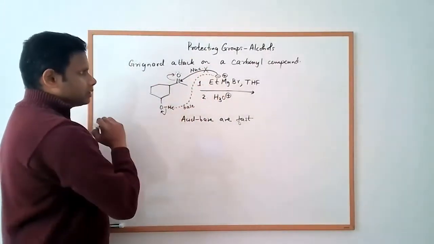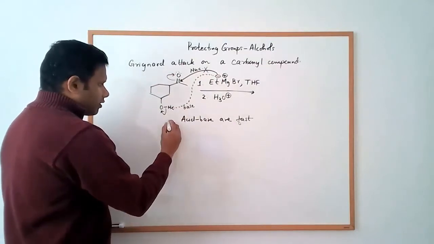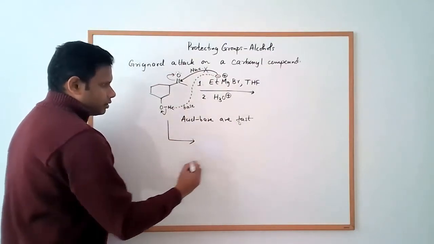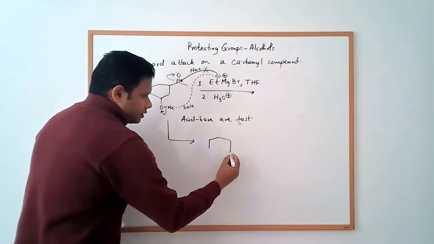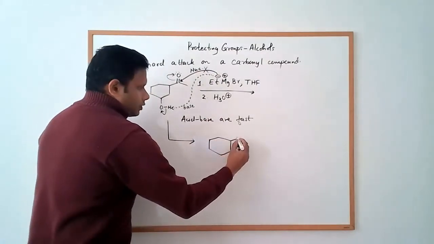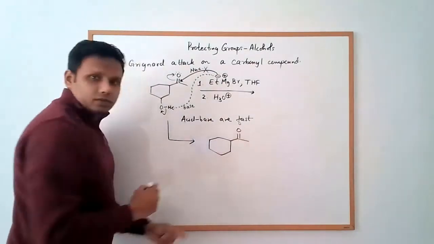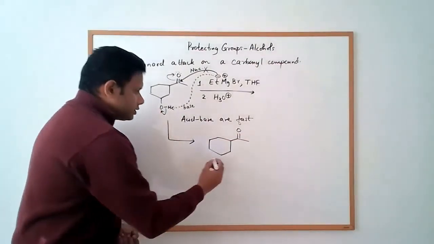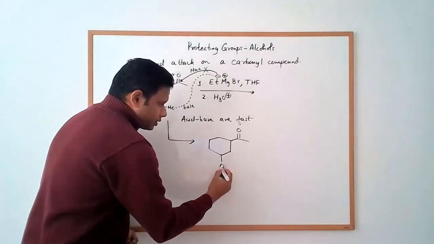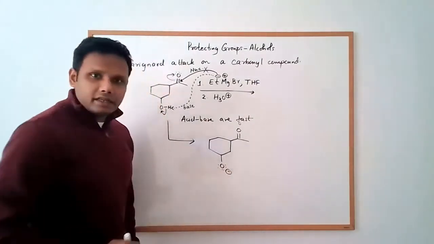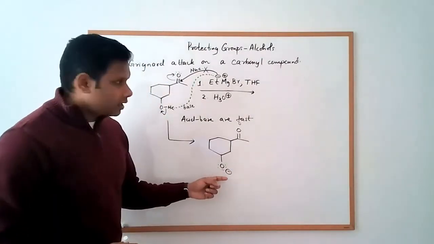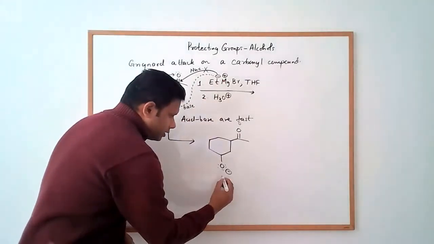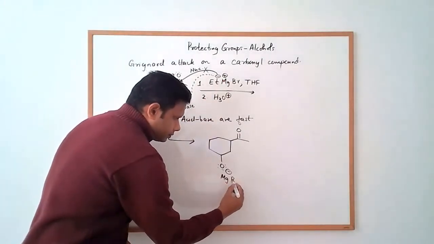And if this is the reaction that happens, then after the first step, what I'll get is C double bond O, so that carbonyl group stays, nothing happened. This oxygen is deprotonated. We have a negative charge over there, and this negative charge would be balanced by the MgBr.